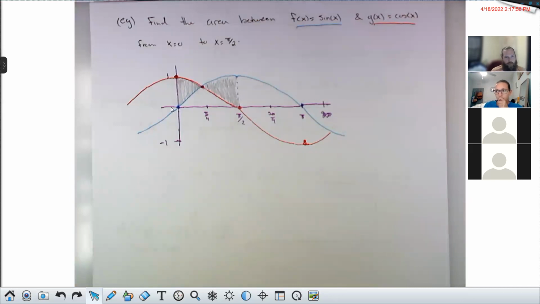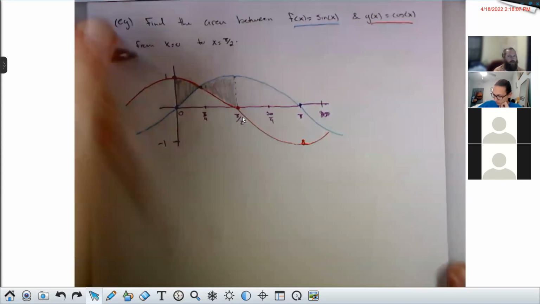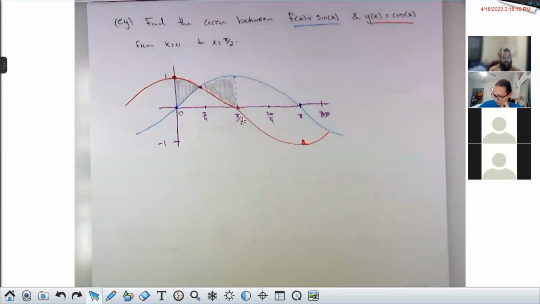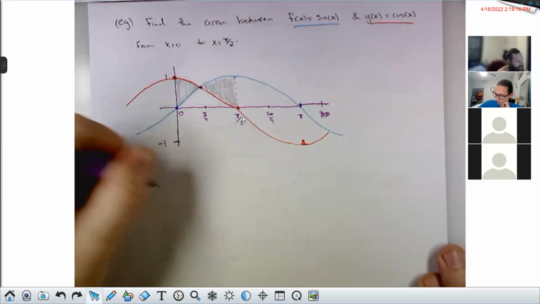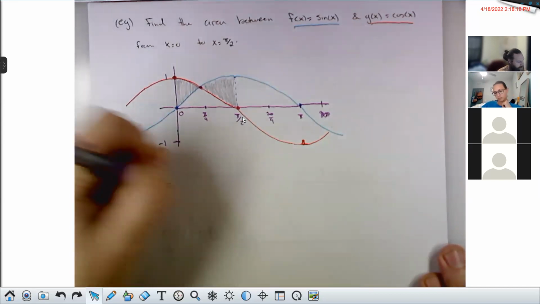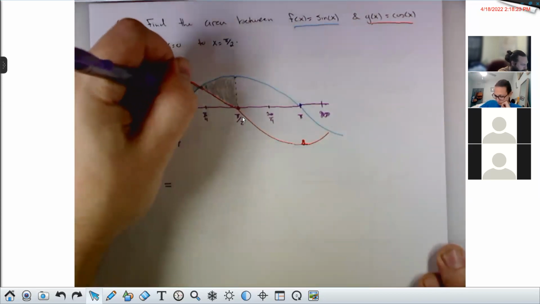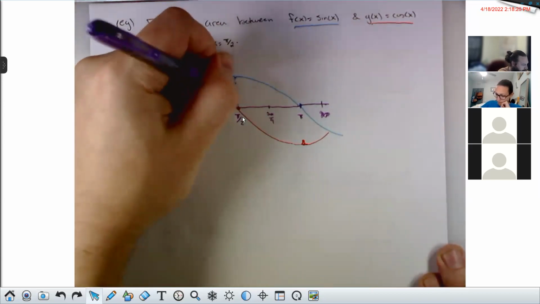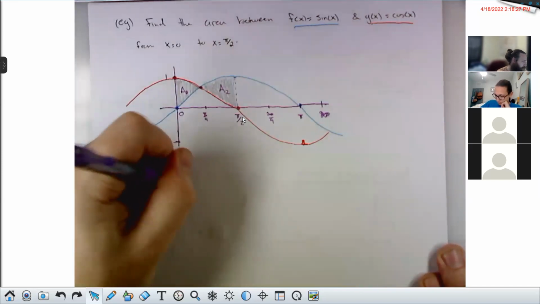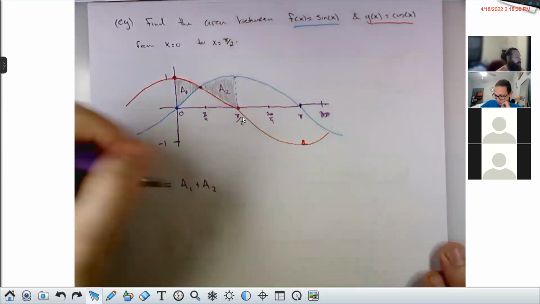And what you notice is that who is the upper and who is the lower swaps between 0 and pi over 2, which is the interval I'm trying to work on. So there is no consistent upper and consistent lower. So the area I want, I'm going to call this A1 and call this A2. Be A1 plus A2.